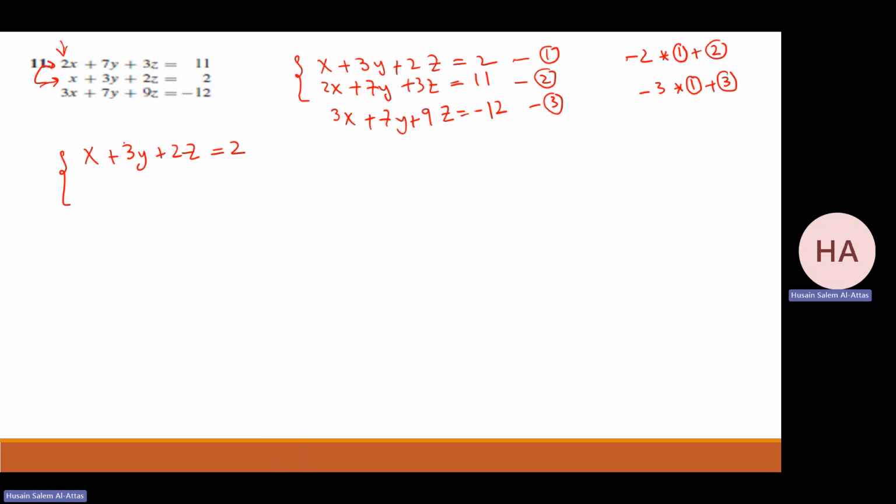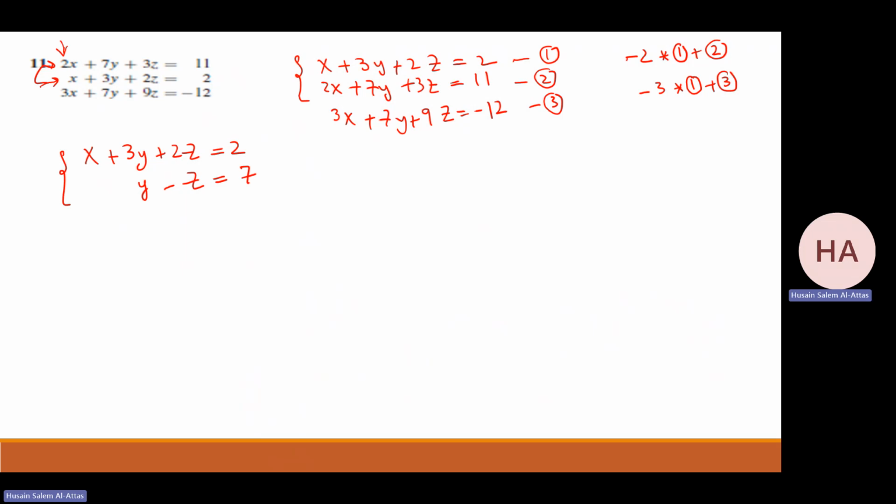Multiply by minus 2 and add, so the coefficient of x will be 0. Minus 6y plus 7y, that will be y. Minus 4z plus 3z, that will be minus z, equals minus 4 plus 11, that will be 7. I just multiply the first equation by minus 2 and add it to the second equation. Okay, now do the same between the first and the third.